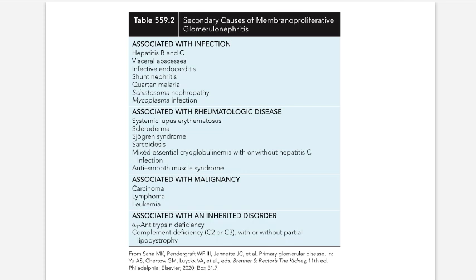So in brief, we just discussed the important concepts in the differential diagnosis and approach to glomerulonephritis, in the form of the major diseases and immune complex deposition, and how they differ from each other.